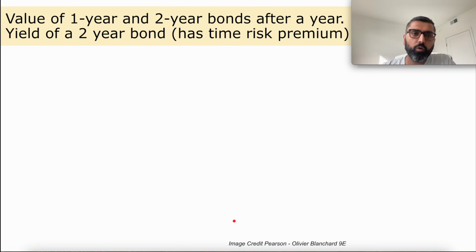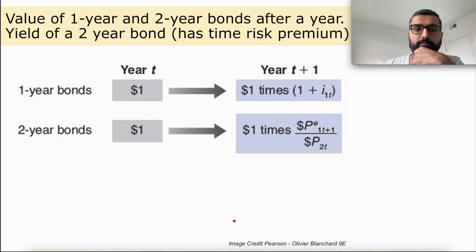If I were to hold a 1-year bond, which matures in 1 year, or a 2-year bond, which matures in 2 years, how does that look after a year? Both of them, a 1-year bond after a year, a 2-year bond after a year. Well, this is what the returns would be.